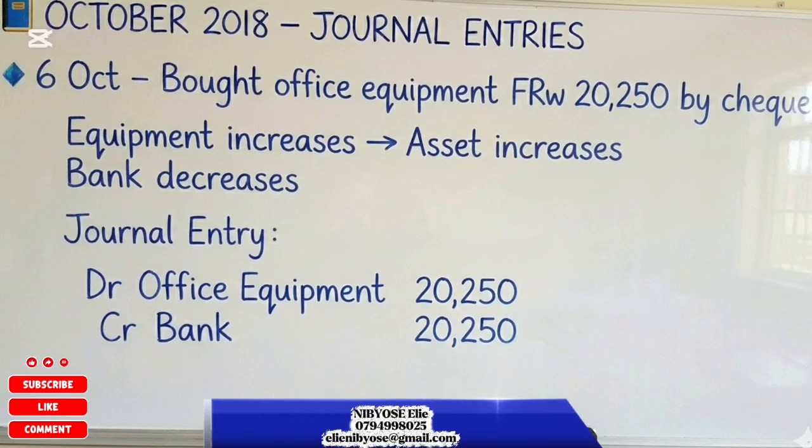That's why down here we are going to debit office equipment account by 20,250 Rwandan francs as an asset of equipment that increases. And we also credit bank account as an asset that is decreasing here. We are going to credit bank account by 20,250, because the bank here is an asset, but it is decreasing, and an asset decreases when credited.